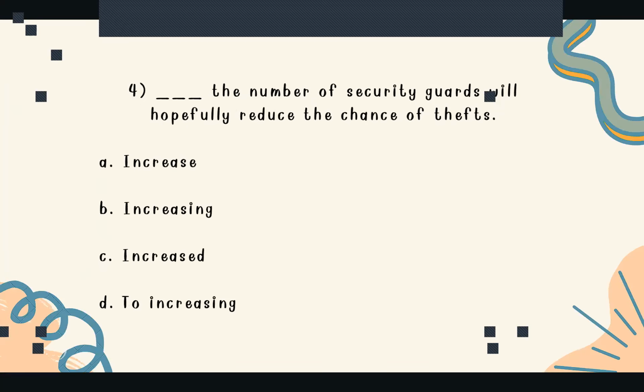Next, the fourth question: blank the number of security guards will hopefully reduce the chance of theft. The answer is B, increasing, because the front of the sentence needs to be a gerund.